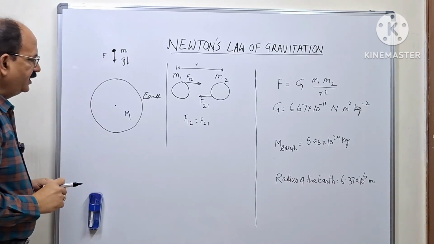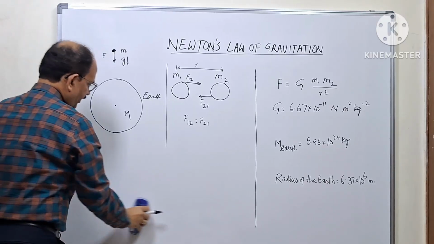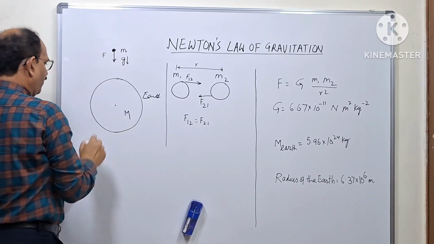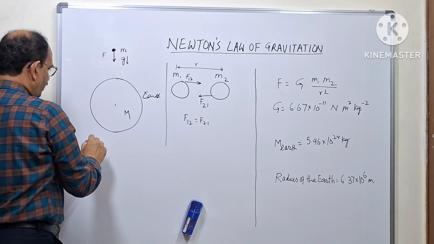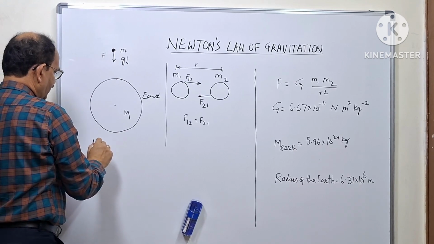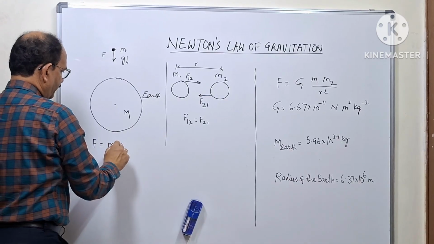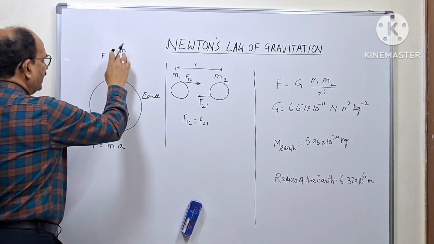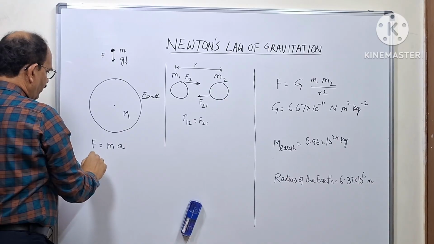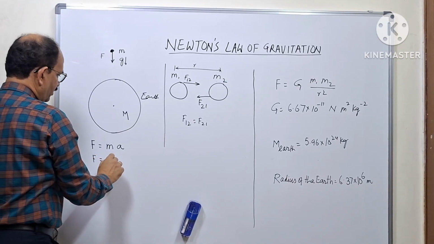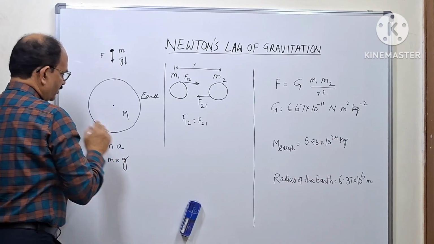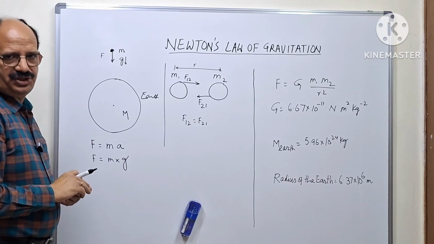Now, from the second law of motion, F is equal to m into a, the force acting on this body will be equal to mass into acceleration due to gravity, that is small g.